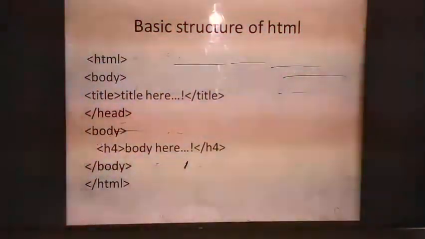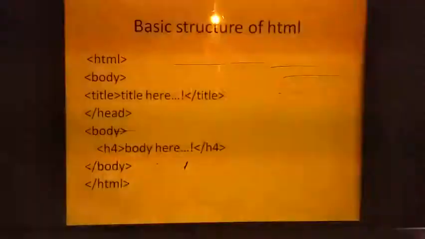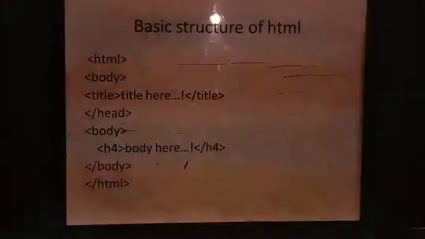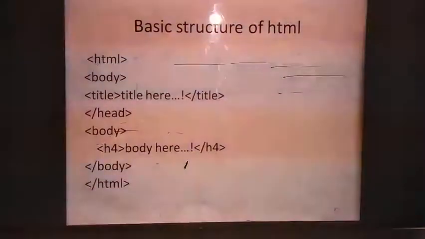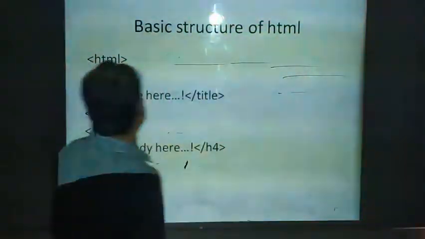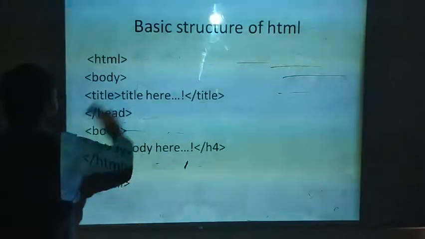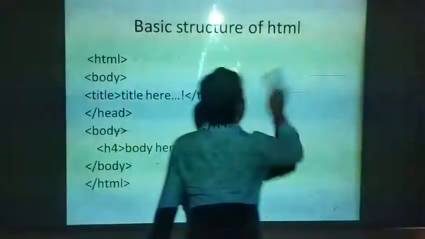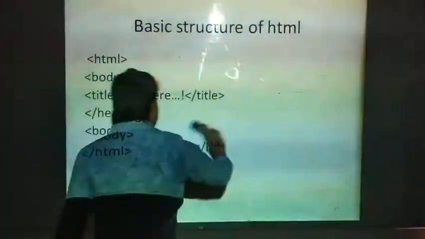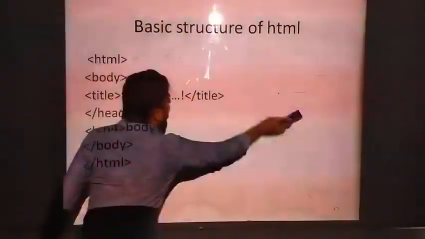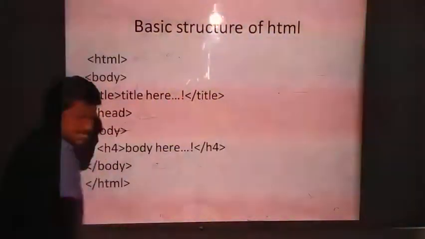Now let us learn about the basic structure of HTML. This is the basic structure of HTML. We can see here, these all are tags. We are writing an HTML script using tags only.